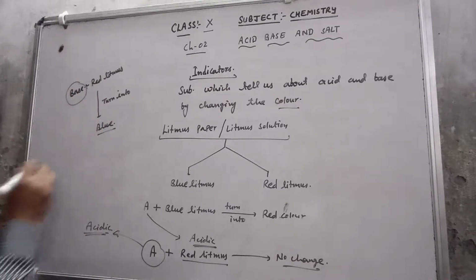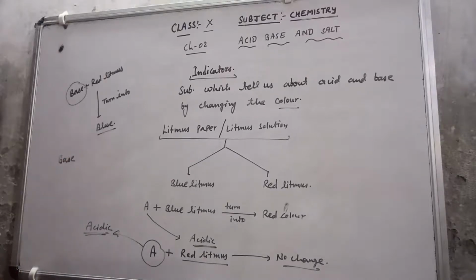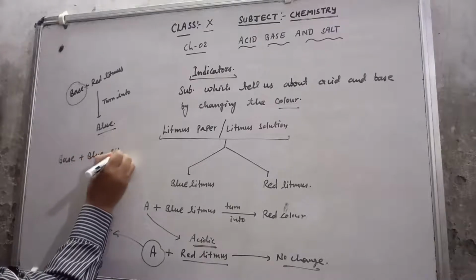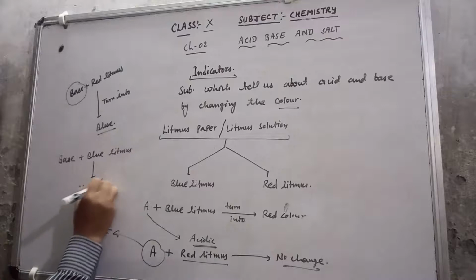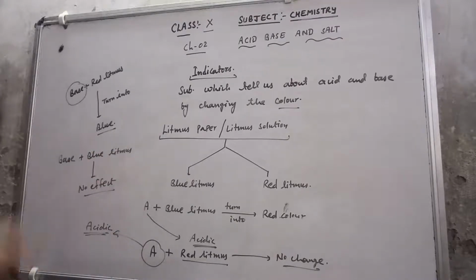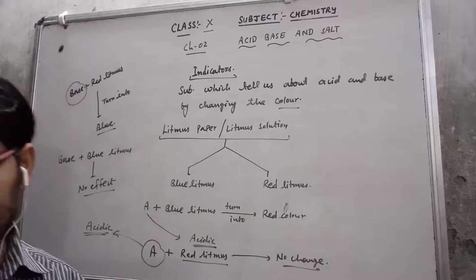And the same base, if I take blue litmus here, then there is no effect on that blue litmus. So that is very simple. With the help of this we can explain the acidic and basic nature. That is one topic, that is the litmus.